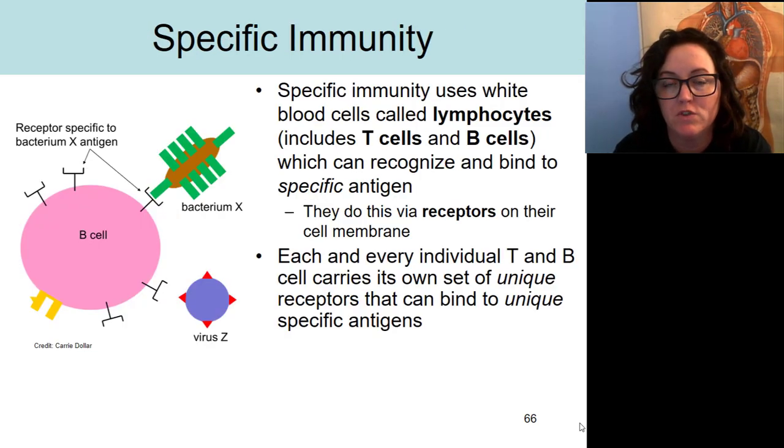With our specific immune response, we are going to use our B cells and T cells, which are cells that can recognize and bind to specific antigens. And they are going to do this by using special receptors on their cell membrane that can recognize that specific antigen. Each and every individual T cell and B cell carries its own unique set of receptors for recognizing a specific antigen.